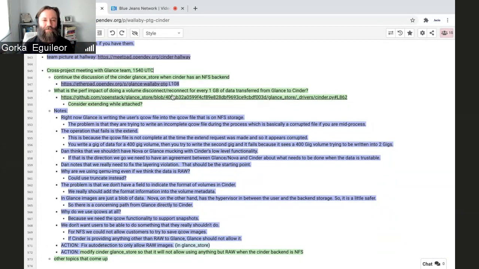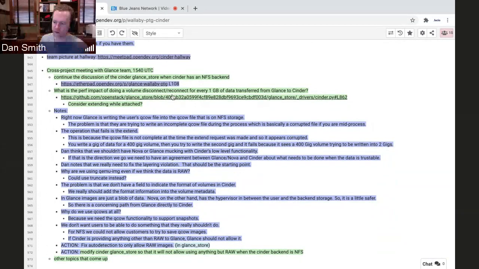Well, I think that not going portal yet. I think we've been talking about this for over an hour, and there's lots of stuff in people's heads. So I think that we ought to record that we've got a bug on the Cinder side and a bug mitigation, whatever, check for only raw and NFS to add on the Glance side for safety reasons, if nothing else. And we ought to punt on the rest of boiling this for the moment.